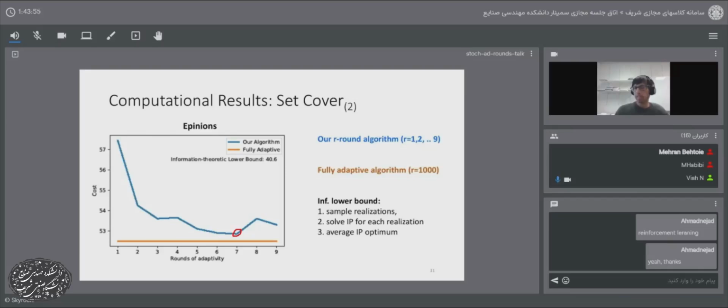For every realization, we solve a set cover integer program, and finally we average the optimal values from the set cover program. So you can also think of this as just a sample average approximation. Using a sample average approximation, we get an information theoretic lower bound, and we found that that value was around 40. So we are not very far off from the information lower bound on this instance.